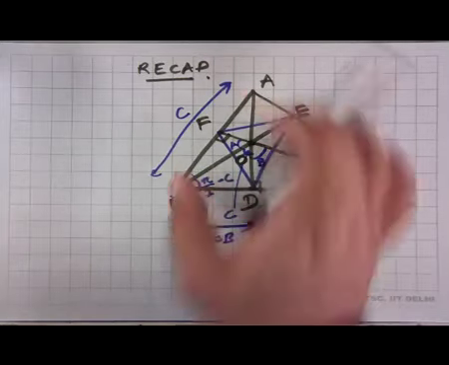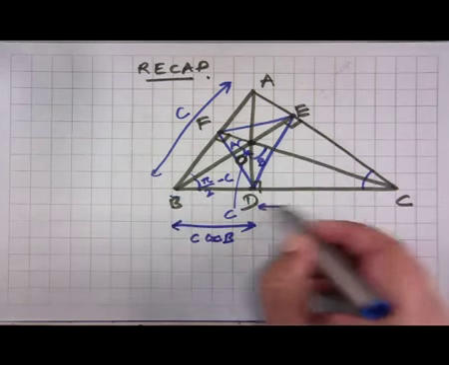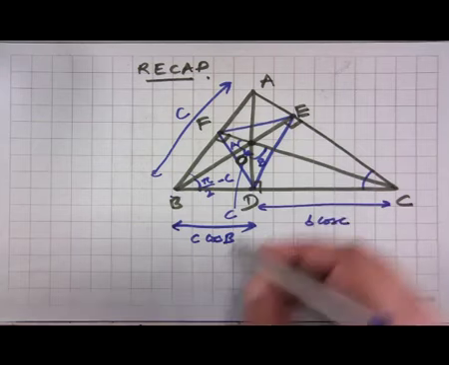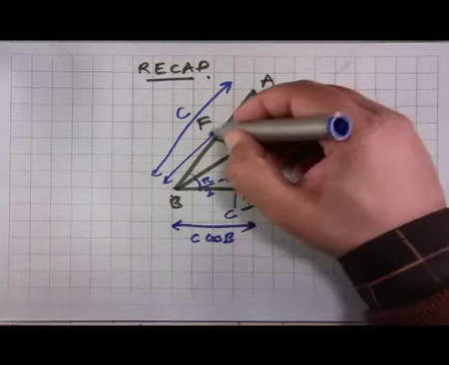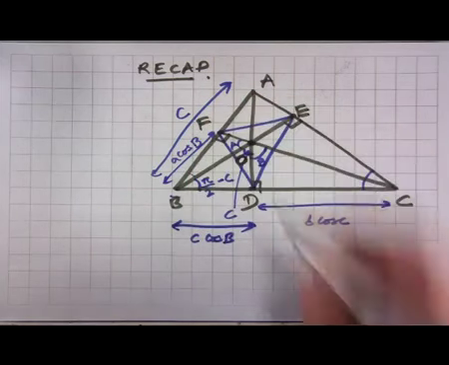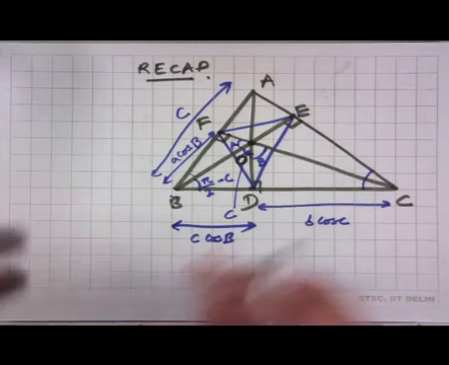So, c times cos B is BD. Similarly, we can show that this length is b cos C and this length is a cos B. So, we had shown all these in the last lecture.